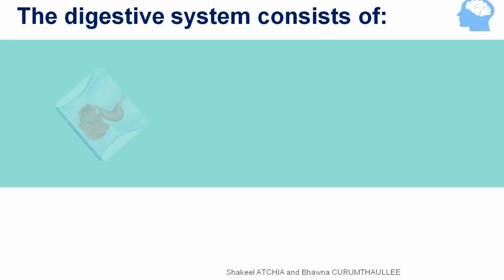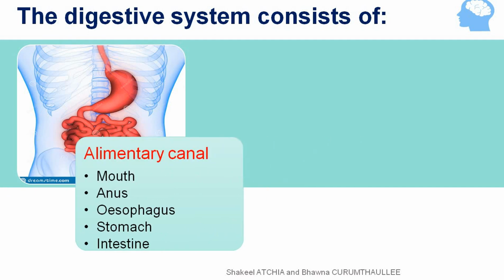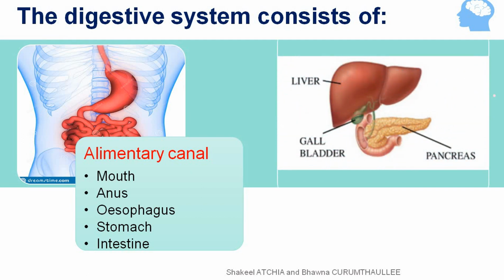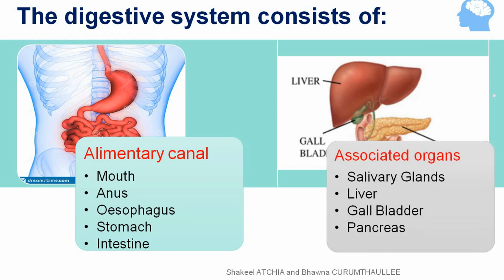The digestive system consists of the alimentary canal, but it also includes structures such as the esophagus, stomach, and intestine. However, additional structures are also required for the digestive system to work properly, namely the associated organs: salivary glands, liver, gallbladder, and pancreas. This is what the syllabus refers to as the associated organs.